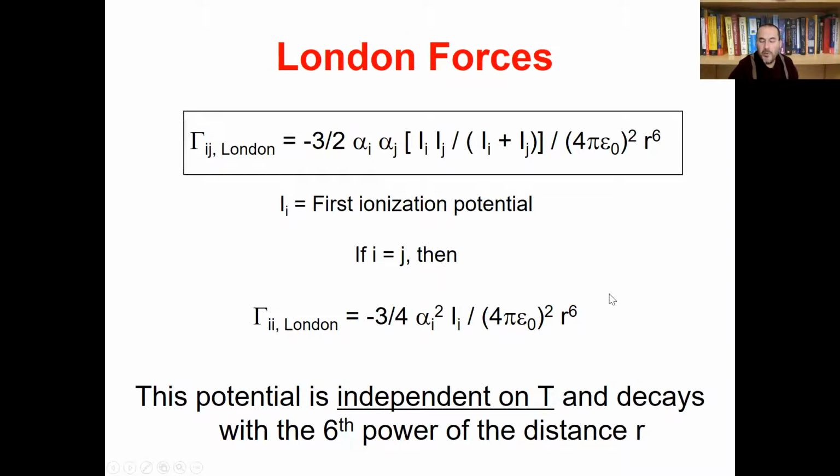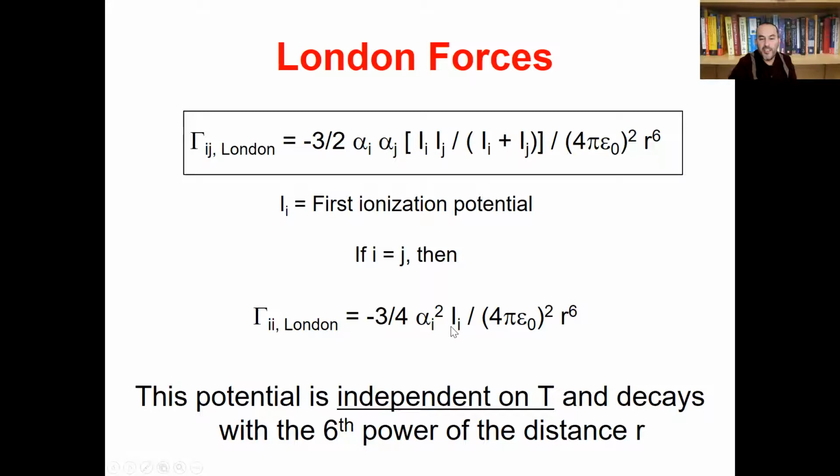One thing we need to keep in mind is that for most of the molecules we deal with, the London dispersion forces are about the same. This is because polarizability and ionization potential are inversely related. For instance, the larger the polarizability, the lower the ionization potential.